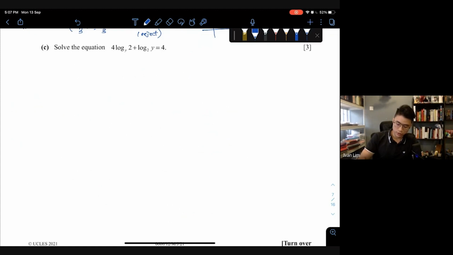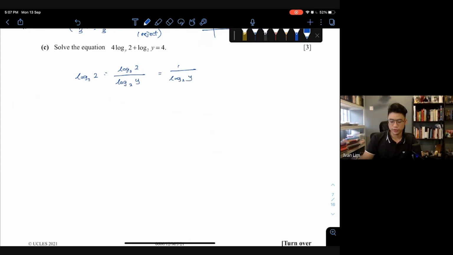So this term is the log y one. We want to change it to log base 2. So let's just change the log y term first, log y of 2. We do change of base. So it'll be log base 2 of the argument over log base 2 of y, which you will get 1 over log base 2 of y.